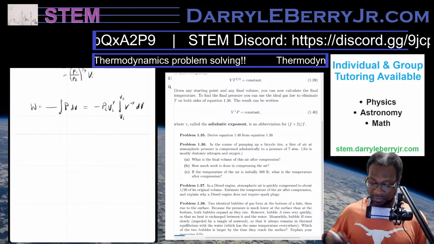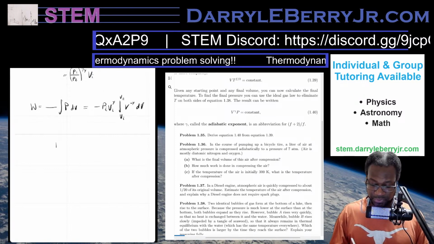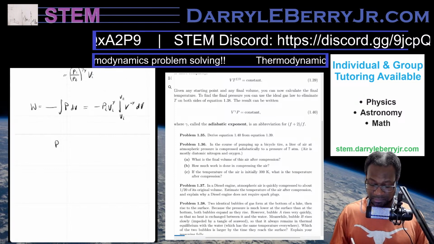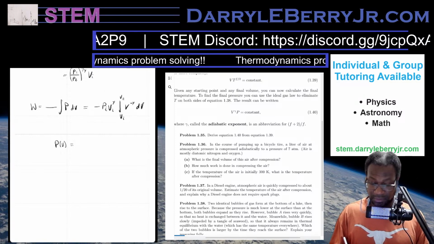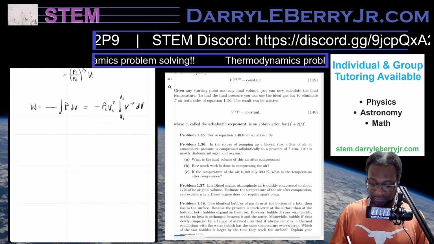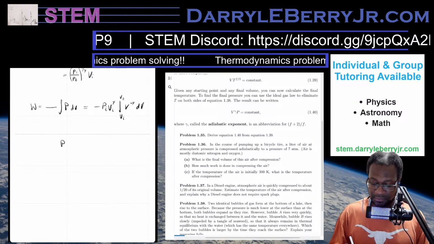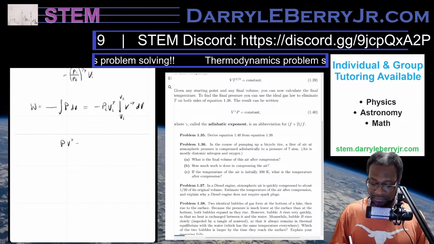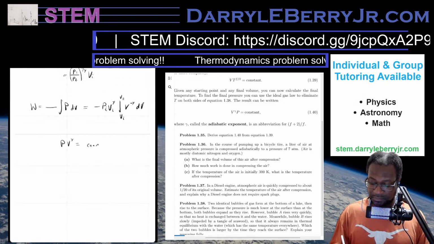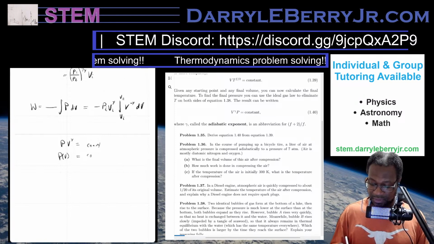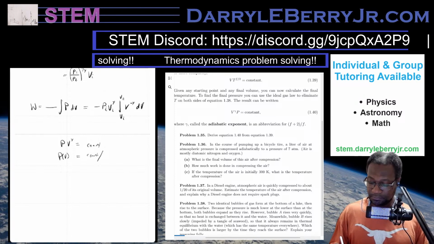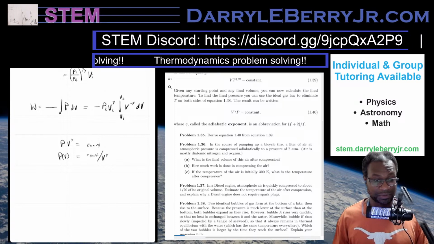Okay, so pressure as a function of volume, we have P V^gamma equals constant. So P equals constant divided by V^gamma.